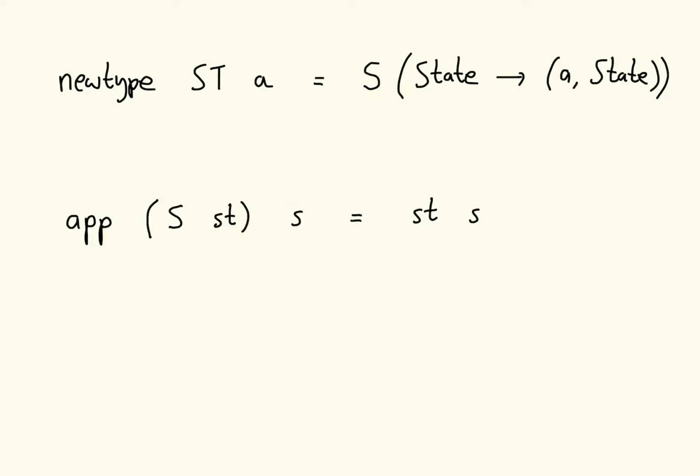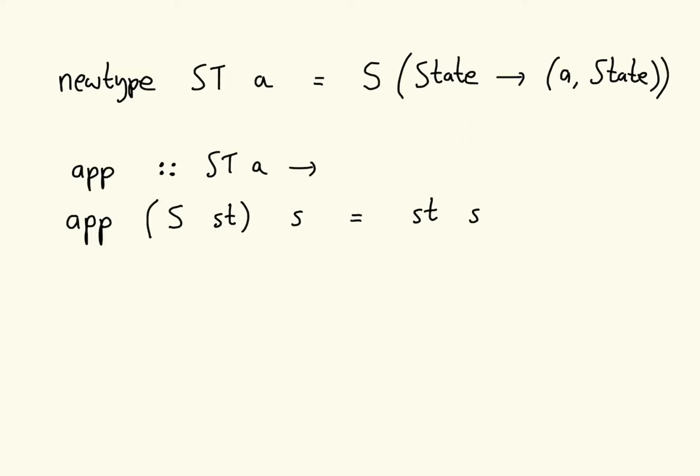Okay, so all this application function is doing is it's basically getting rid of this dummy constructor here, which we needed to put on just to keep Haskell happy, because you can only make data types or newtypes into instances of class declarations. So we can think, what's the type of the application function? Well, app is going to take a state transformer whose result is of type A. That's the st thing.